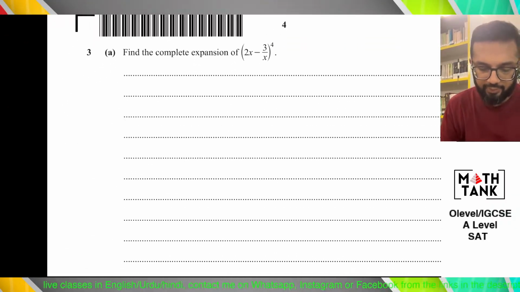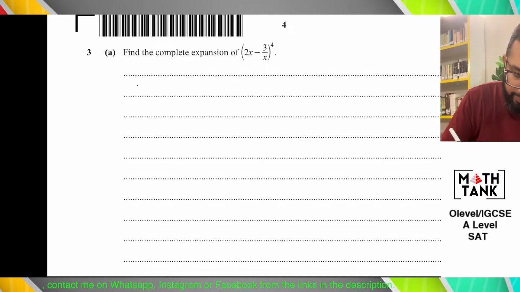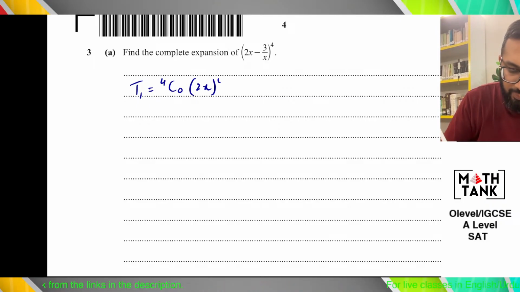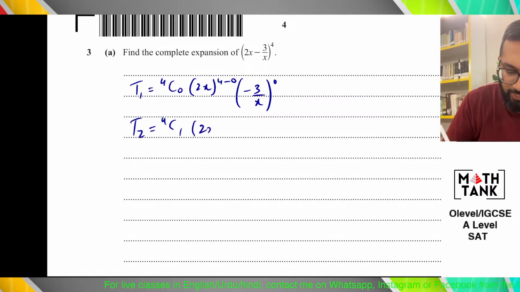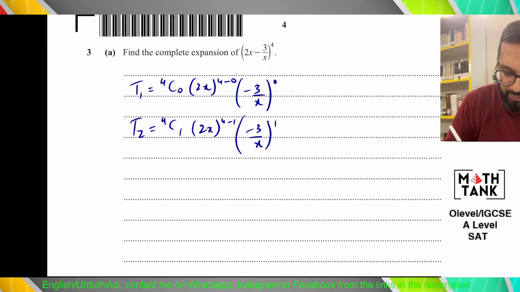Okay, find the complete expansion of this. Complete expansion is easy. You start off with term number 1. That's 4c0, 2x power 4 minus 0, minus 3 over x power 0. Term number 2, 4c1, 2x power 4 minus 1, minus 3 over x power 1.